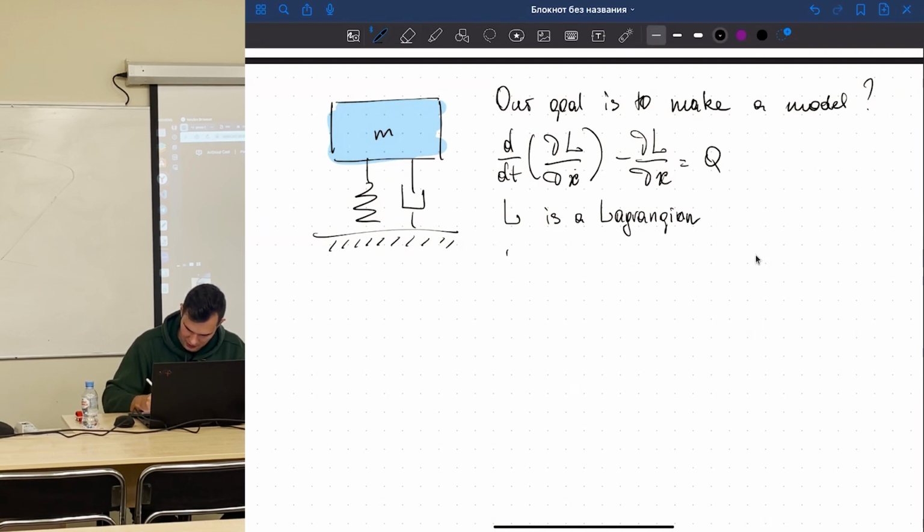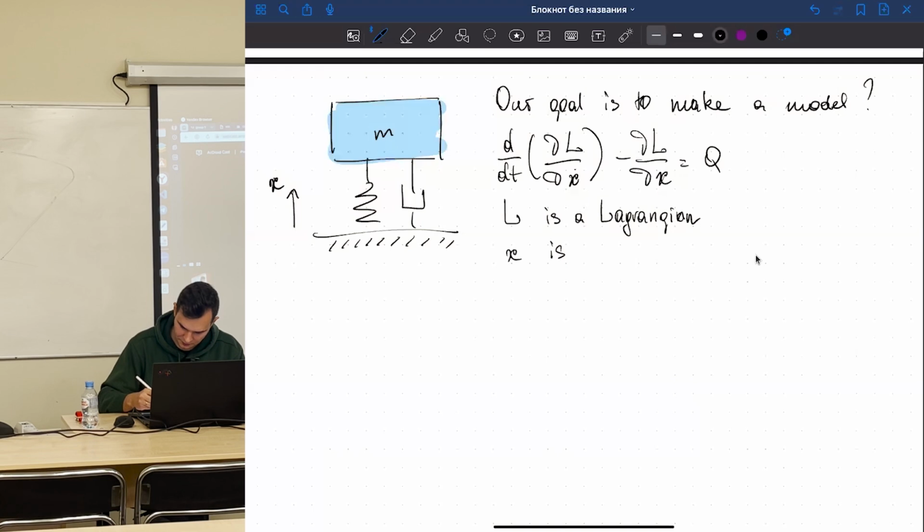And X is what? It's the state, yes. But for this simple system, it will be position.